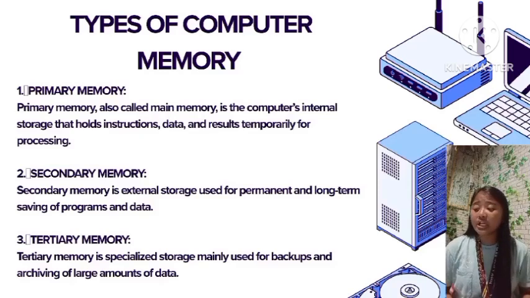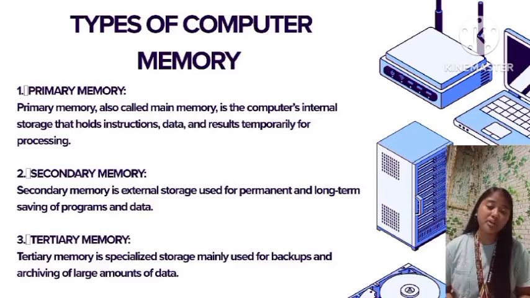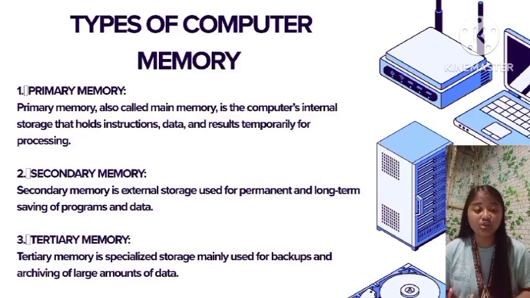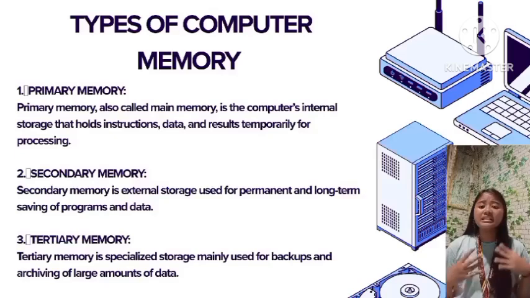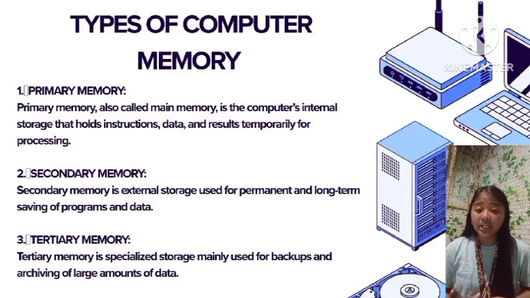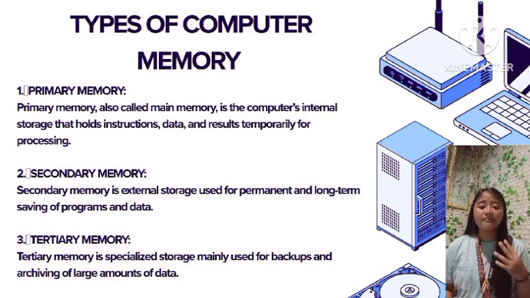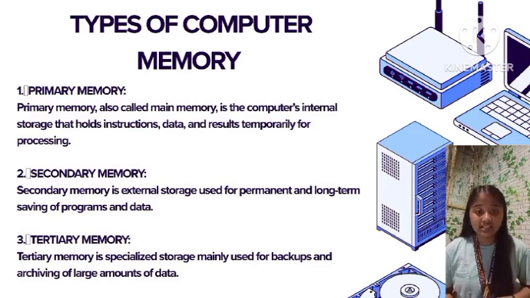Primary memory is faster and smoother compared to other memory, because it can easily send and receive data. It is directly connected to the CPU, or Central Processing Unit. The CPU is called the brain of the computer, because it is responsible for performing calculations, running programs, processing data, and also controlling other components of the system.